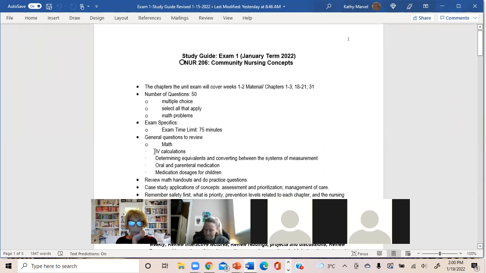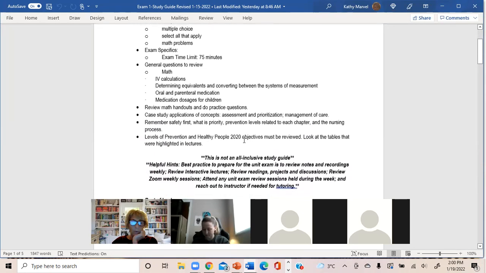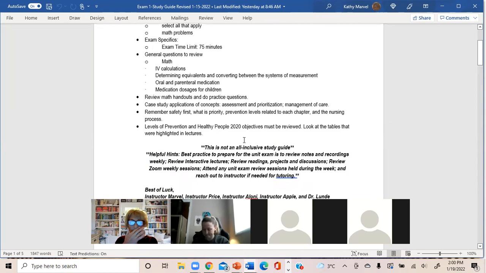Right here, Teresa: IV calculations, determining equivalence and converting between systems of measurement, and oral and parenteral medication dosages for children. I think the children one is the one that gave me a little bit of trouble, the dose by kilogram.